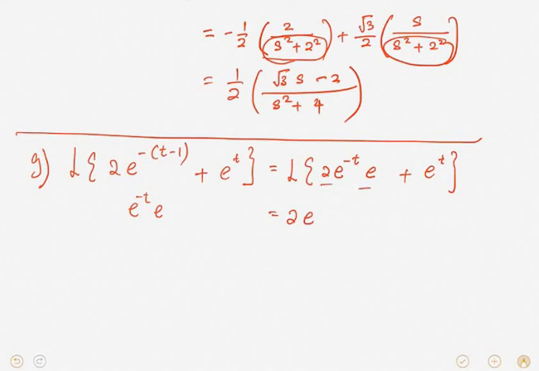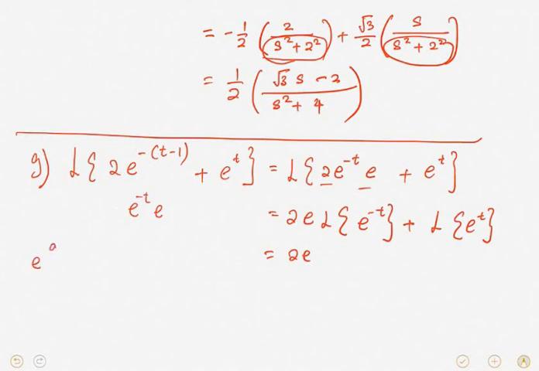We can take out the 2, since this is a constant. So 2e exponent negative t.